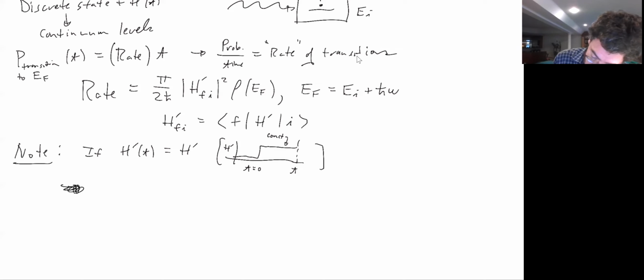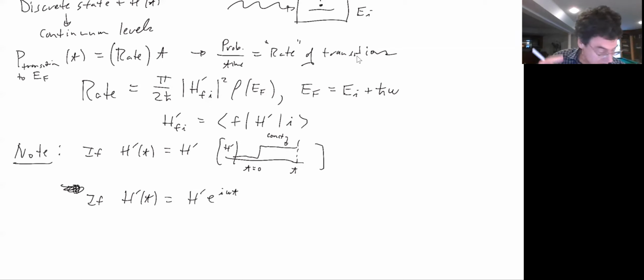and I should say also, if h prime of t is equal to h prime e to the i omega t, which is actually sort of unphysical, but very common in physics. It's very convenient.